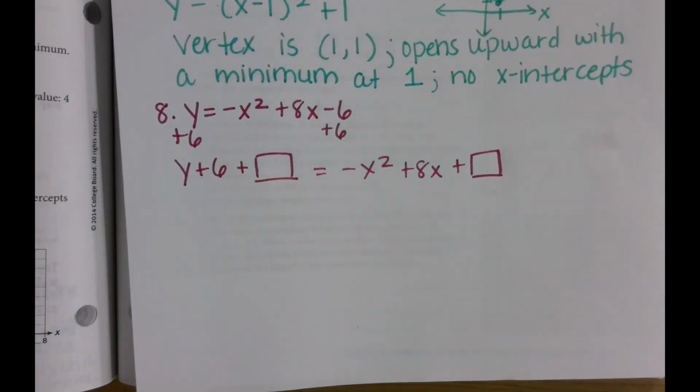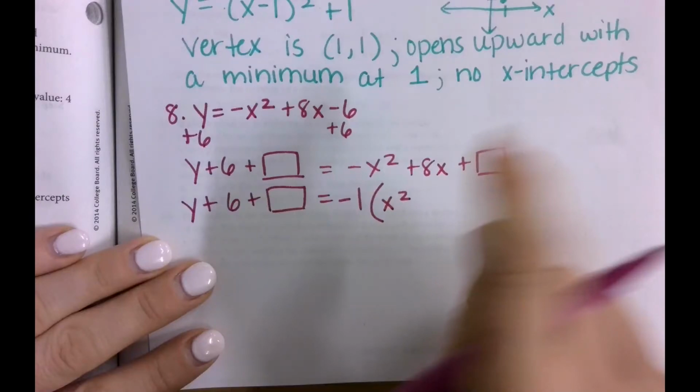Now I'm noticing one thing: the negative is on the outside of the parentheses. So I'm going to rewrite this as y plus 6 plus square equals negative 1 times the parentheses.